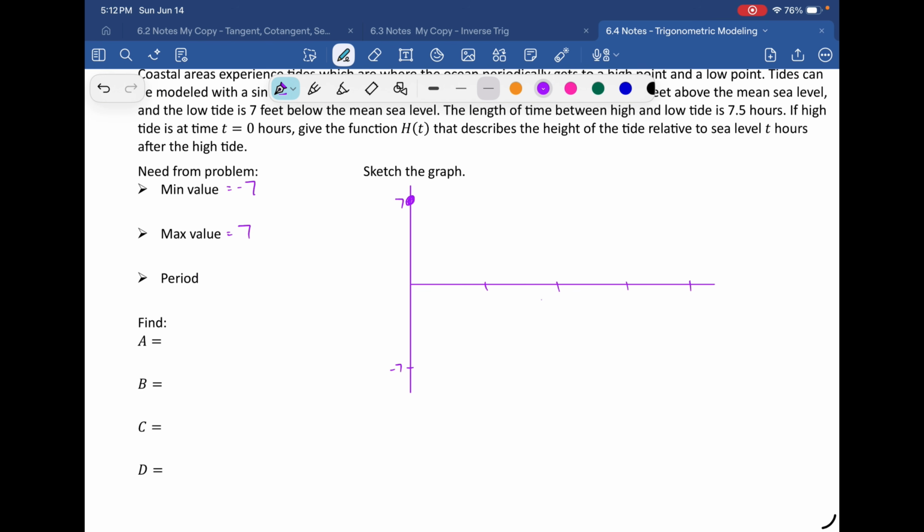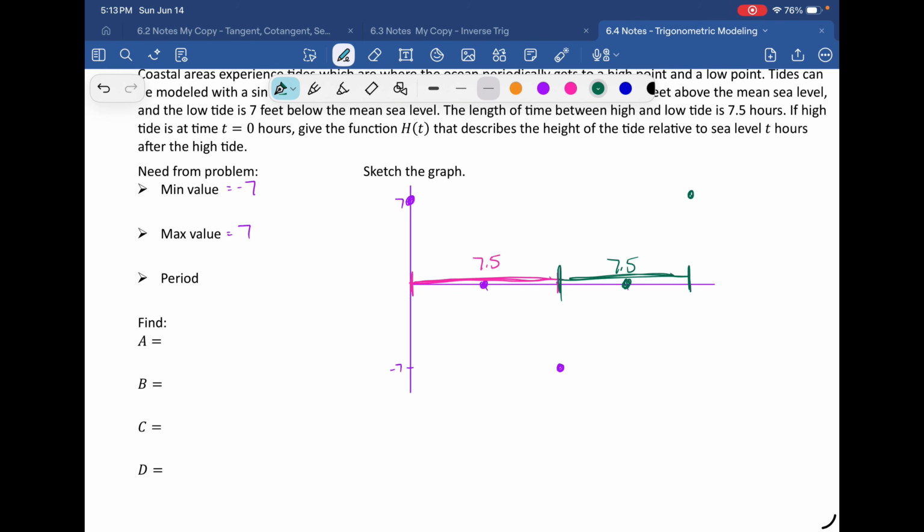So this is a mid right here, at sea level. And my low is here. I know the distance between high and low is 7.5, which means the distance between the low and the high is also 7.5.